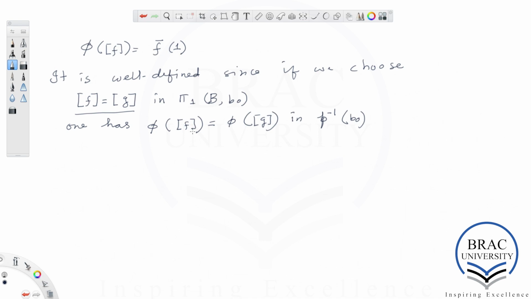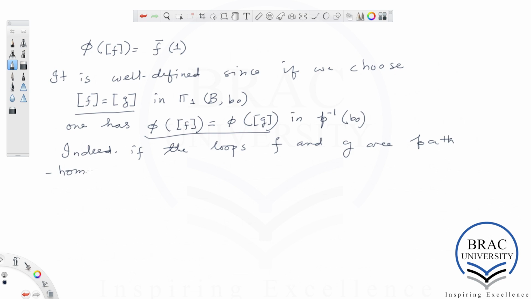Okay, indeed, and why this is so? Indeed, if the loops F and G are path homotopic in B, they are path homotopic since they belong to the same class.